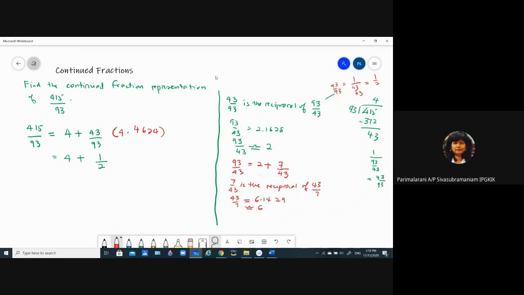Therefore, 7 over 43 is 1 over 6. So this is 4 plus 1 over 2 plus 1 over 6.